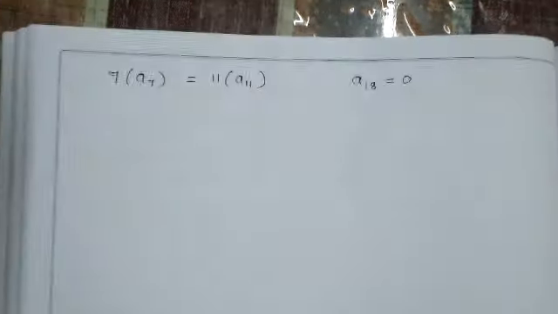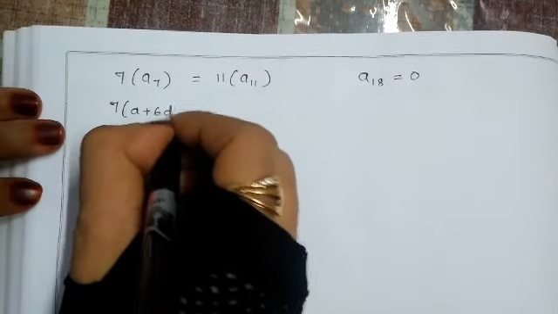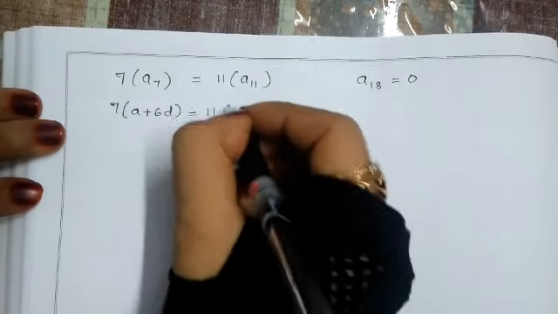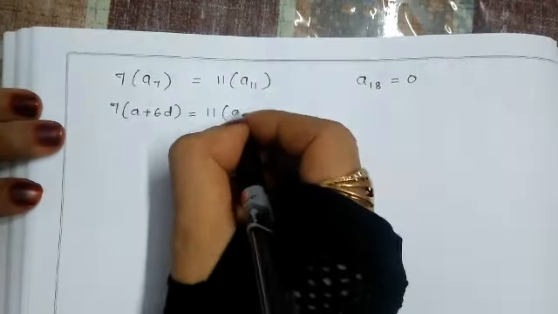Okay, 7 into the 7th term is nothing but a plus 6d, equals 11 into a11, which is nothing but a plus 10d. Now 7 into a is 7a, 7 sixes are 42d, is equal to 11 into a is 11a, 11 tens are 110d.